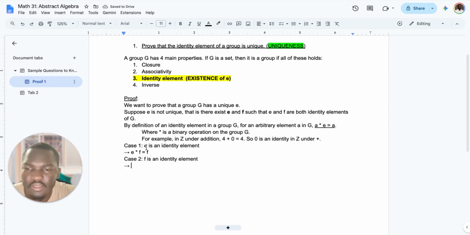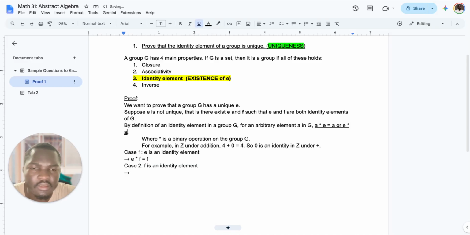Now F is the identity, and E is just an element. This is also true: E star A equals A. It doesn't matter what order you operate in.